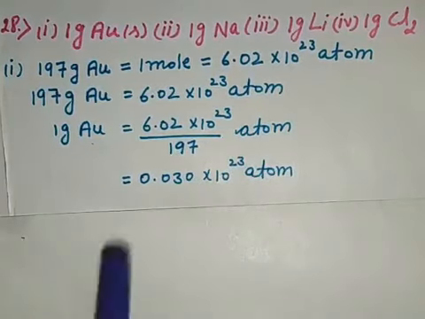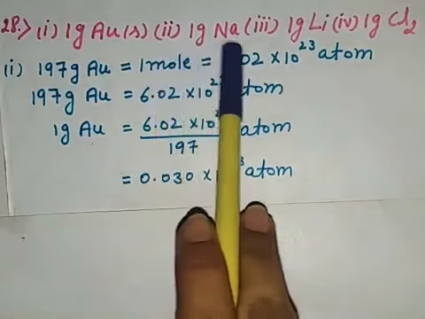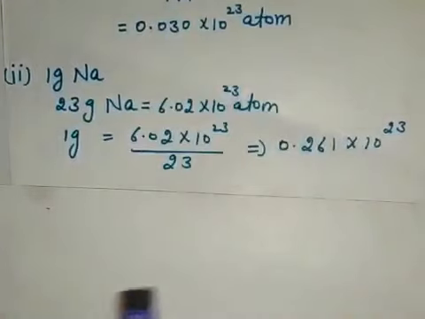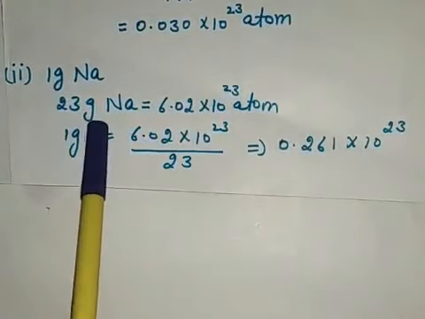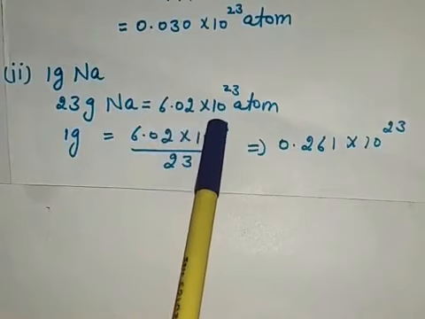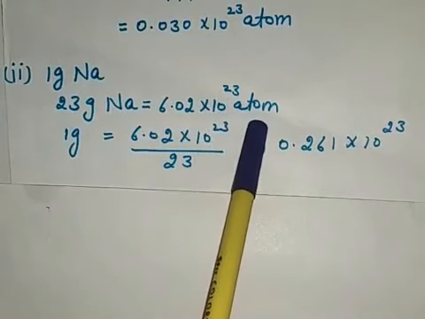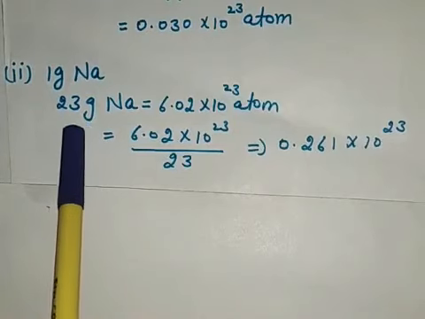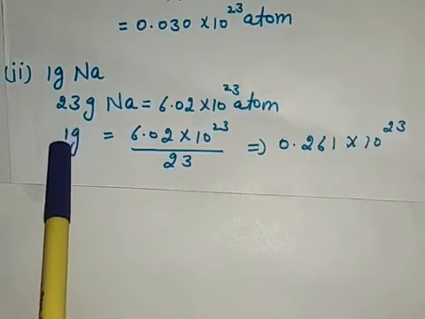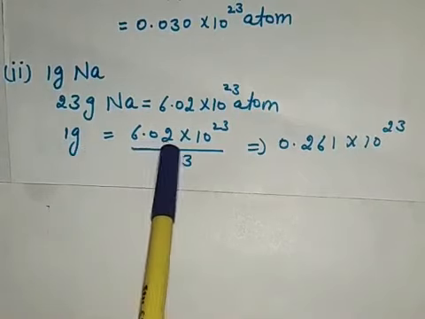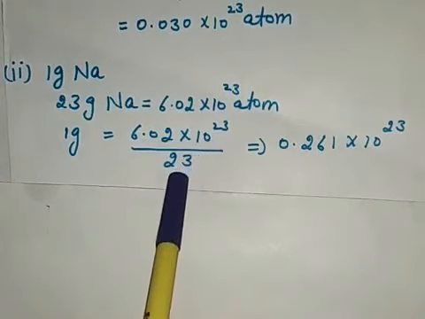Now we will move to second part, that is 1 gram of sodium. Now here 23 gram of sodium contains 6.02 into 10 to the power 23 atoms. 23 gram is atomic mass of sodium. So we will use unitary method here. So in 1 gram, number of atoms will be 6.02 into 10 to the power 23 divided by 23.